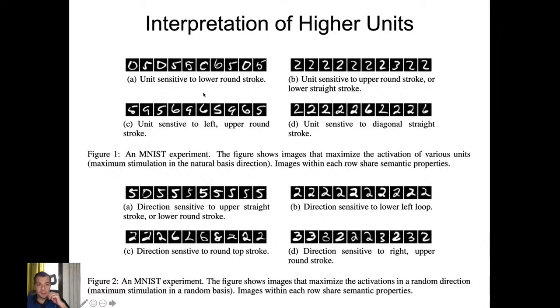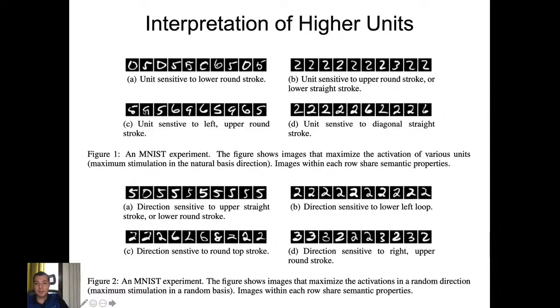We will also see results on ImageNet. Indeed there is a unit that seems to activate to this round stroke, and another unit that is sensitive to the upper round stroke, so sensitive to the stroke in 2s and 3s. Then there is a unit sensitive to the left upper round stroke, so it's on the left.